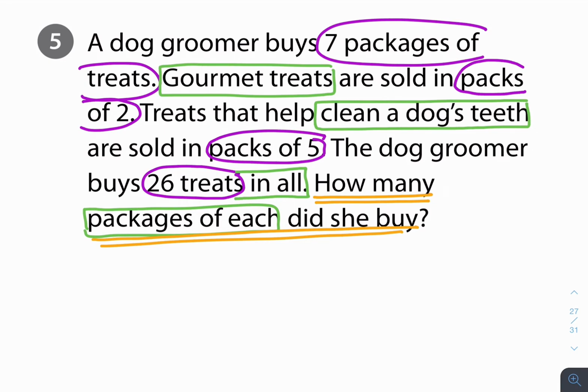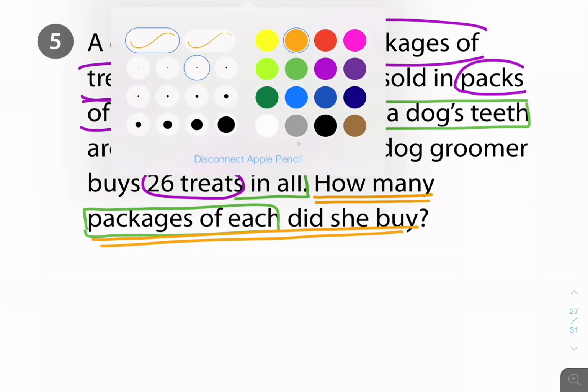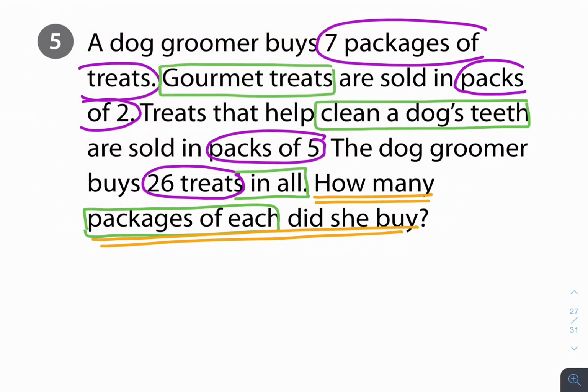All right, so packages of each, that means the two things I'm looking for is I'm looking for the number of packages of gourmet treats, and I'm looking for the number of packages of dog teeth cleaning treats. All right, so those are my two unknowns.